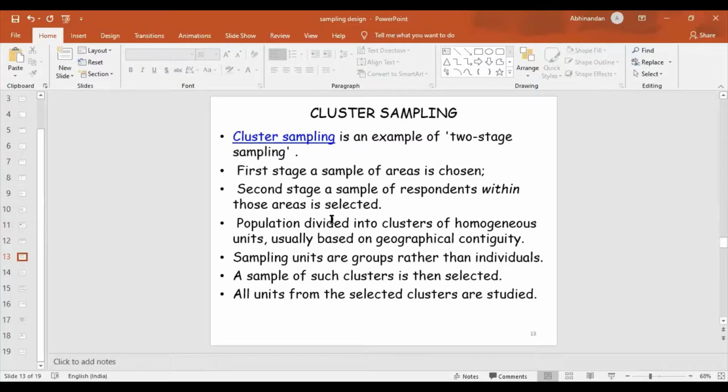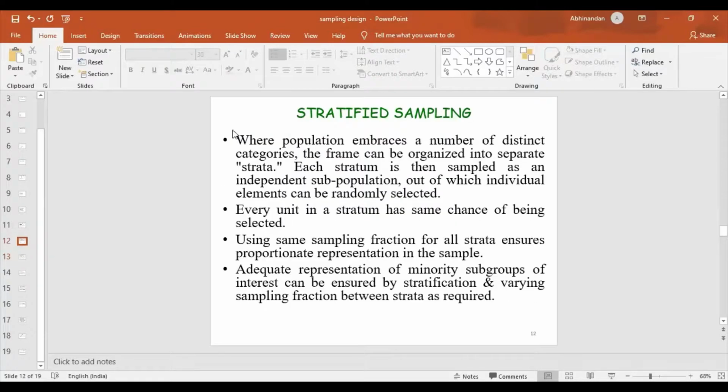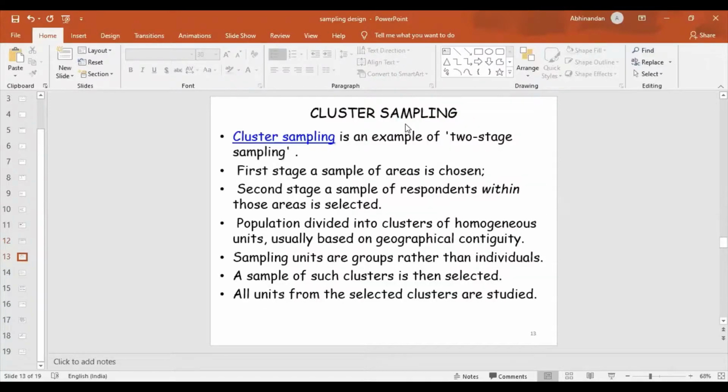In the last example, stratified sampling, you divide based on a different base, either gender, designation, or income level or any base. Here you divide the whole population based on geographical contiguity or geographical area.